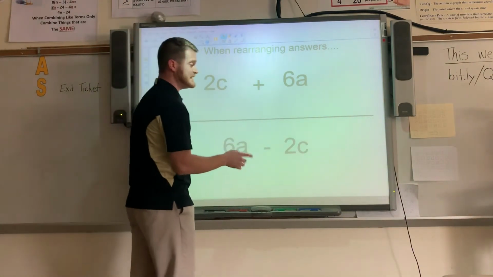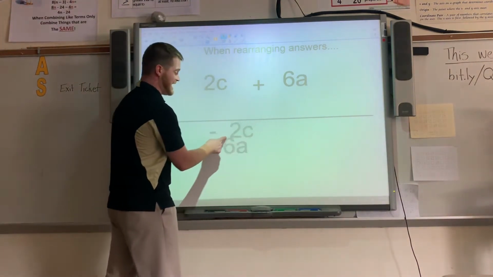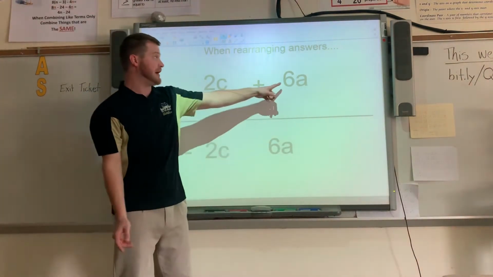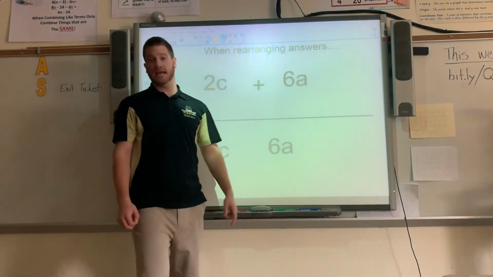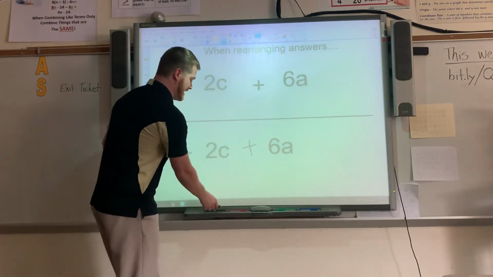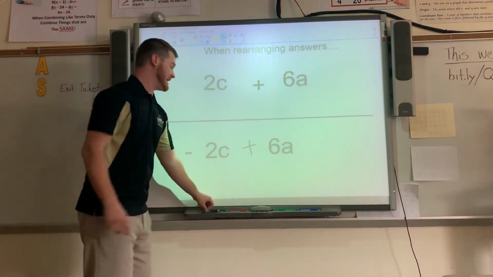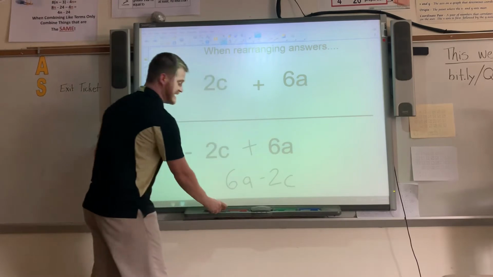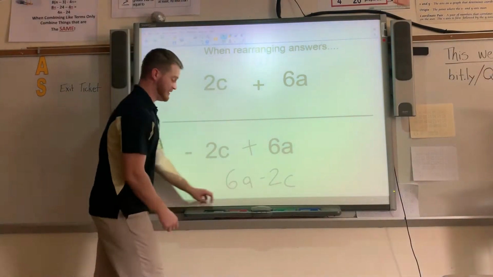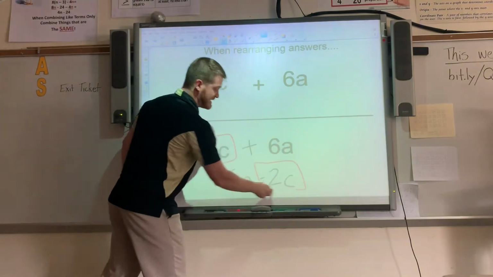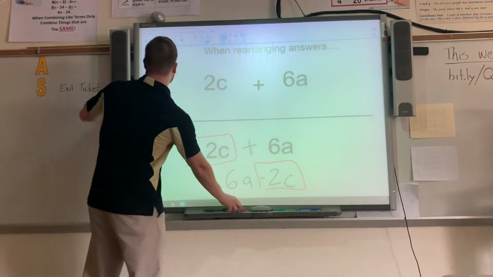If you want to write the 2c term first, you have to drag the minus sign with it, and the 6a comes afterwards. Now remember in our problem, the 6a was positive, which also means plus. So negative 2c plus 6a is the same thing as 6a minus 2c. Make sure you include the sign in front. Notice the negative sign is in front of this one as well. The minus sign is included there.